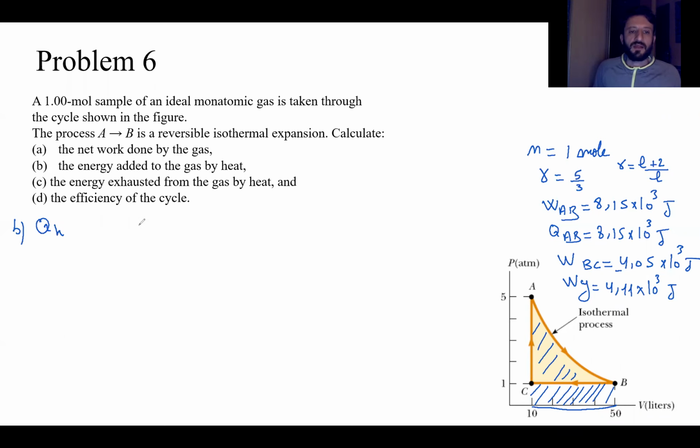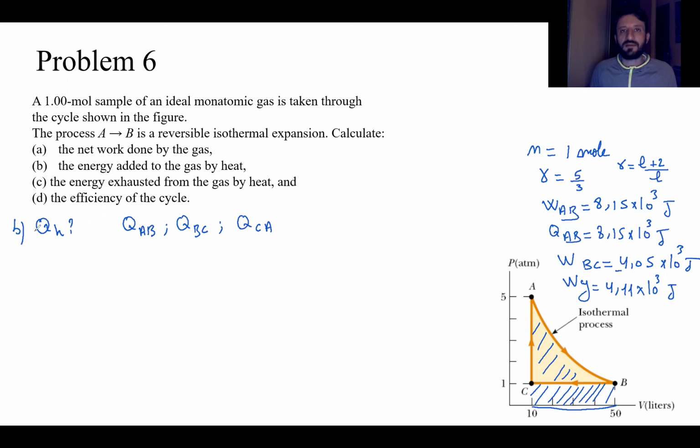Anyway, as Q total, we have QAB, we have QBC, and we have QCA. I want to find the energy added to the gas by heat. I want to find Q hot.